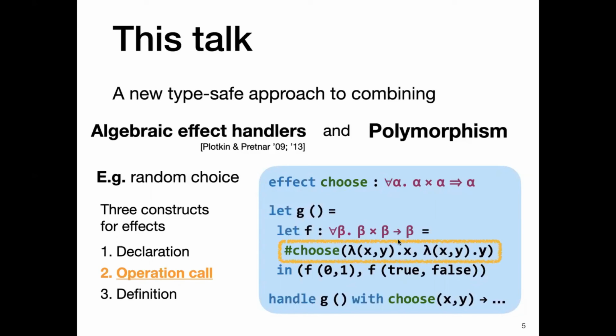So the result of this operation call is also assigned the same polymorphic type. The third construct is for defining effects, which is achieved by the use of effect handlers. So effect handlers are a key component in defining effects, but in this talk, I omit the details of them.